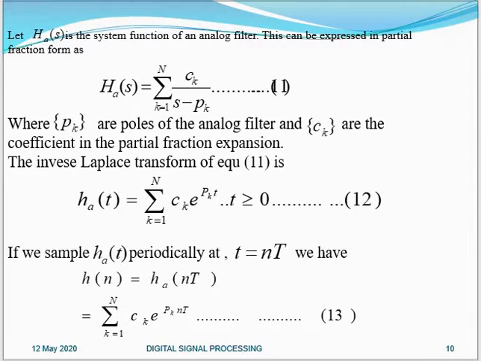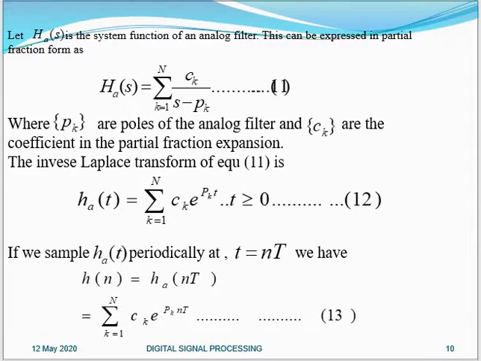For a digital filter the transfer function is normally taken as H of Z. As we are taking our analog filter in the Laplace domain, that's why we are taking H suffix A of S. So H_a(S) is the system function of the analog filter, and it can be expressed as the summation, k equals 1 to N, of Ck over S minus Pk. The numerator part has Ck and the denominator part has S minus Pk.